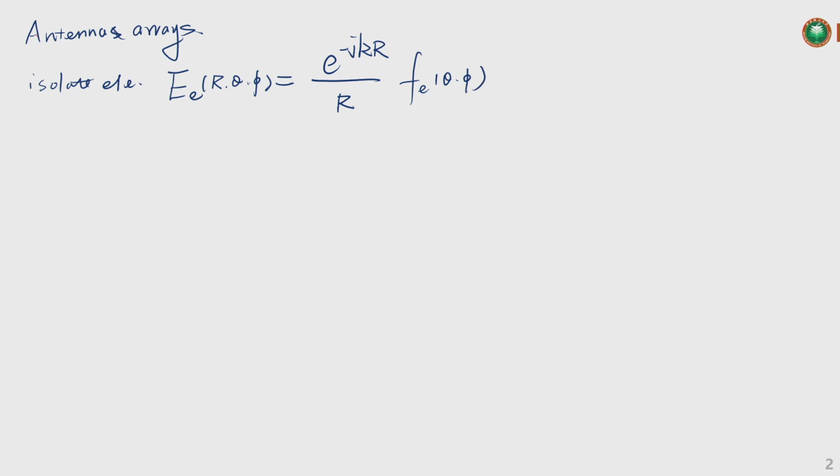So this is the directional dependent factor, the lowercase f. It is going to determine the direction of the total beam. And also the corresponding power density.